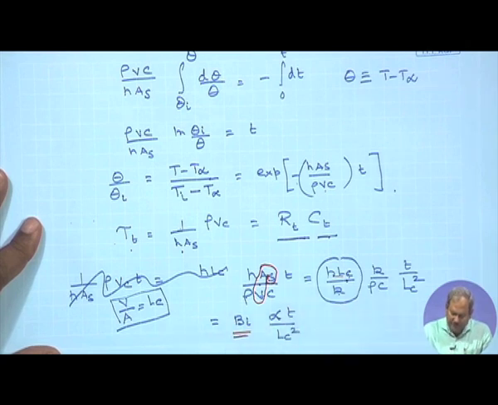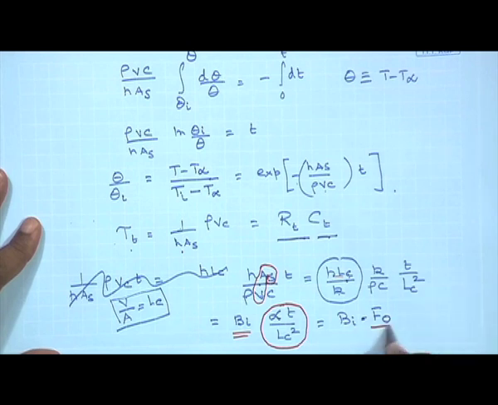If this is dimensionless, this number which contains time must also be dimensionless. This dimensionless number is called the Fourier number and is expressed by Fo. So this is the Fourier number.